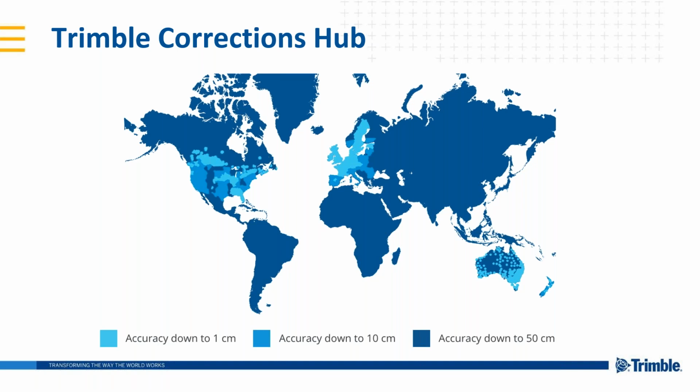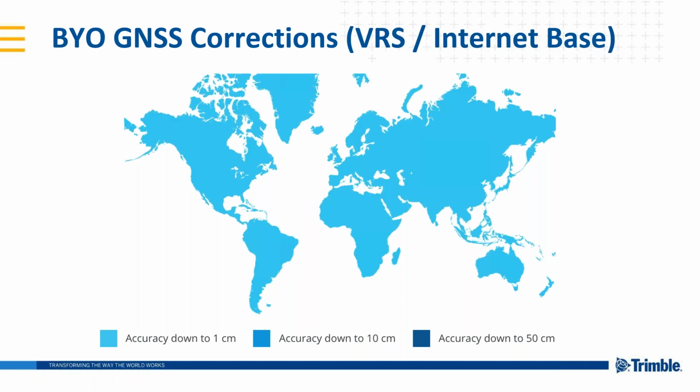But on the other hand, if you don't use the Corrections Hub and you have access to some local corrections, in the form of either a local VRS network, which a lot of regions have, or perhaps a local internet base station, then the Catalyst technology using the Trimble Mobile Manager utility app that I mentioned before can be connected into that local correction.